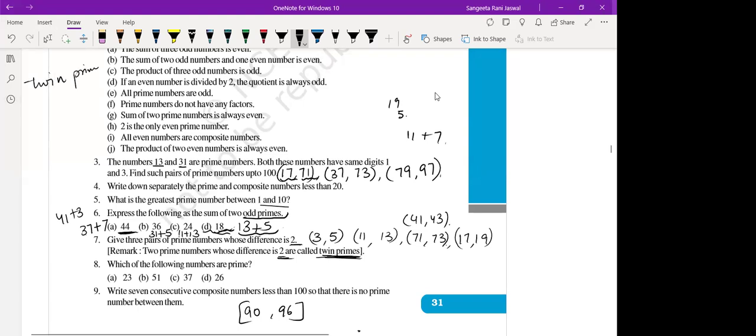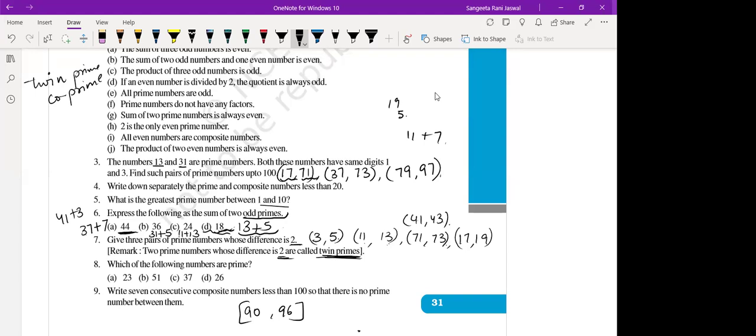You must have heard the name co-primes also. So twin primes are those numbers which are in a difference of 2, like suppose 3 and 5. These are two prime numbers. The difference between them is 2. Right? 11 and 13. The difference between them is 2. So we call them twin primes.